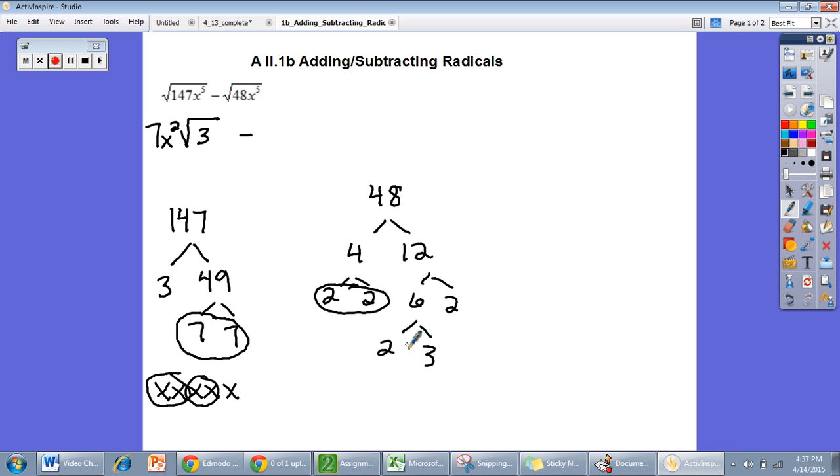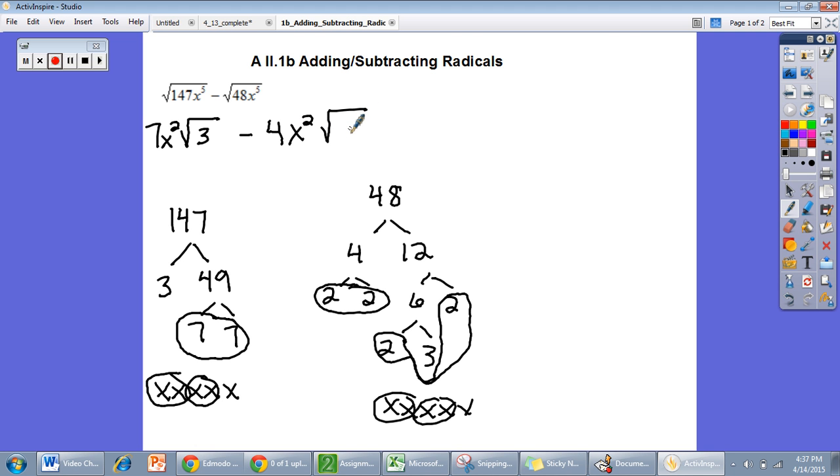So here's 2 2's, and then here are 2 more 2's. So I have 2 2's, which gives me 4 on the outside. And again, I have my 5 x's. So I have x squared and left with the square root of 3.